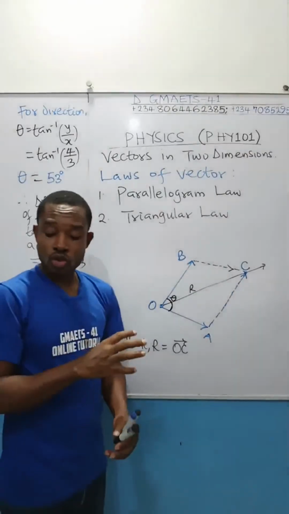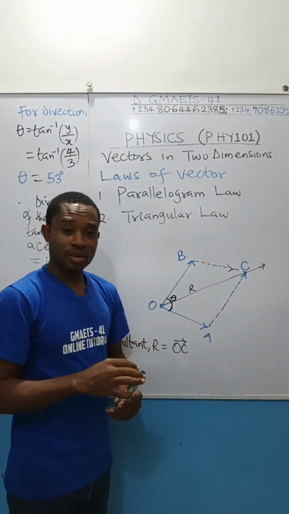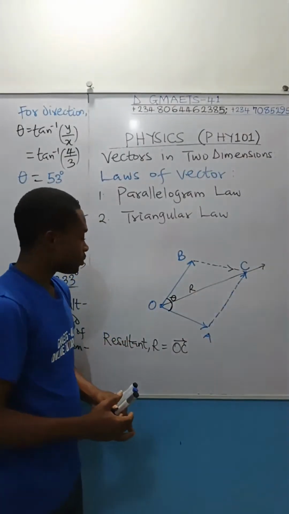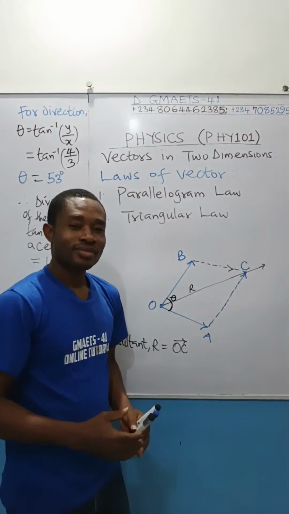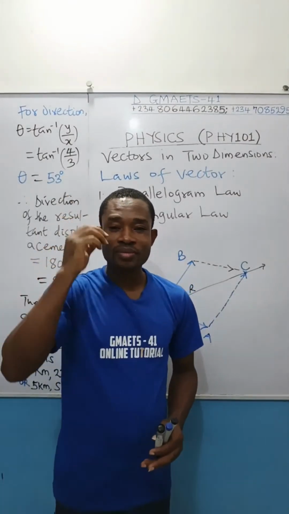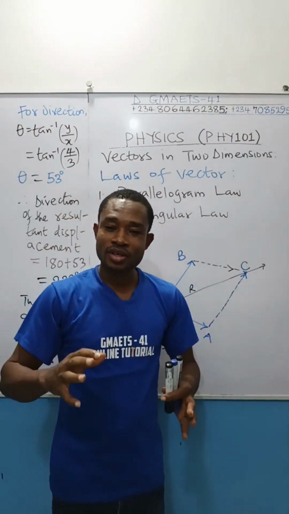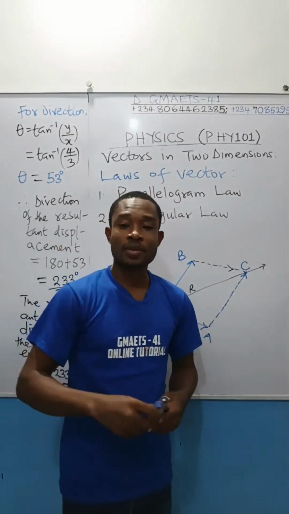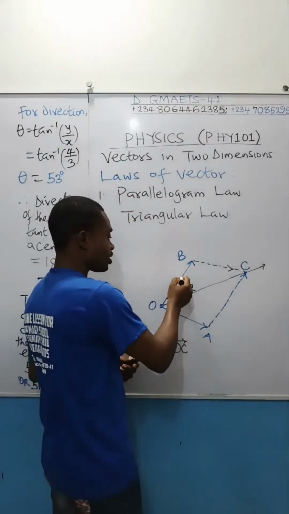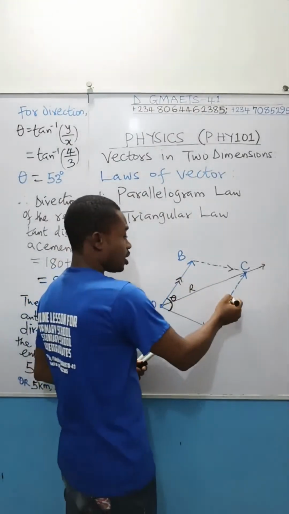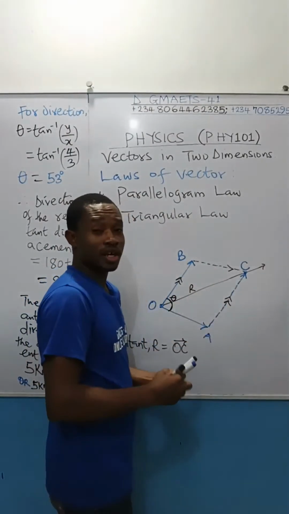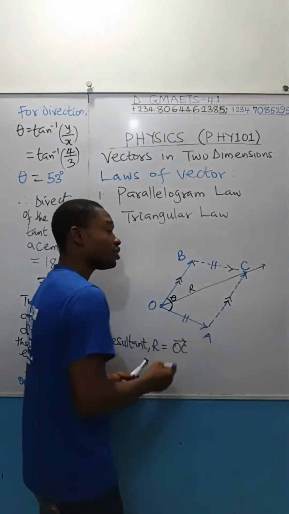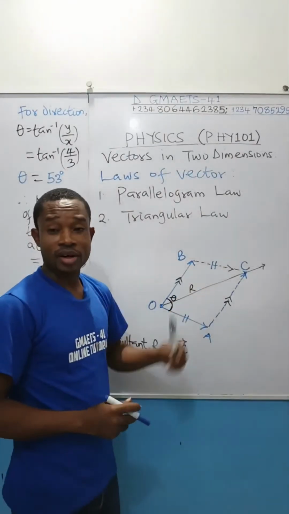Now, I want you to observe something here in this diagram, because we are going to move to mathematics now. When dealing with shapes, what are certain properties of a parallelogram? Two opposite sides are parallel. Like in this case, this line and this one are parallel, which means they are equal. Then this one and this one are equal also because they are parallel.